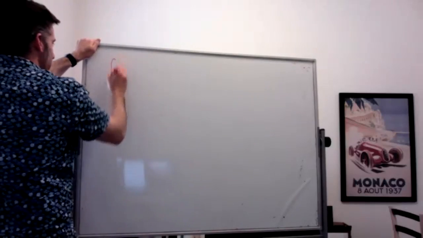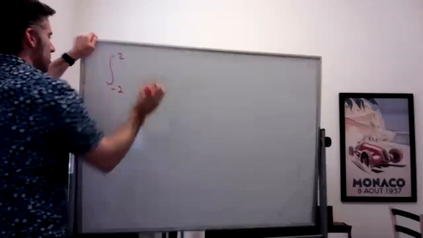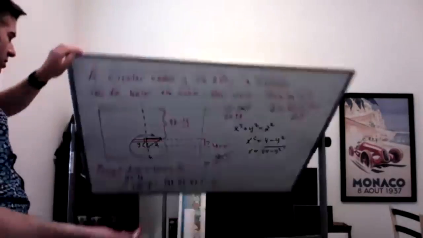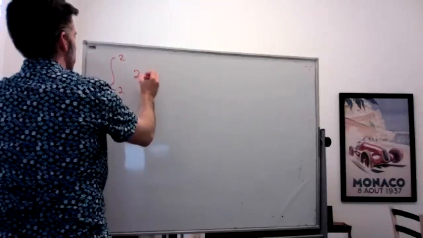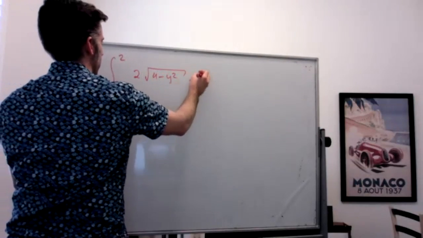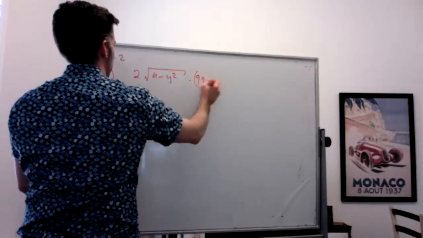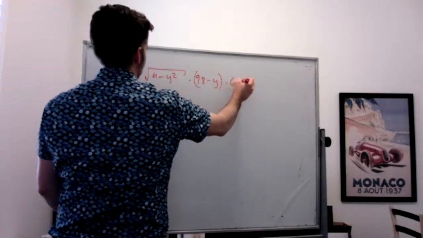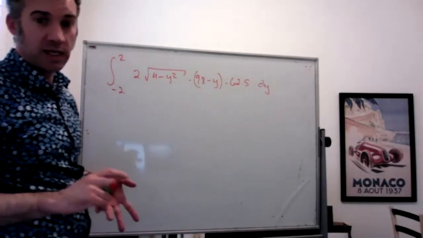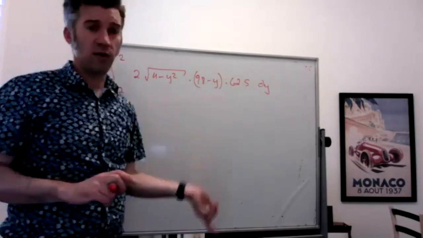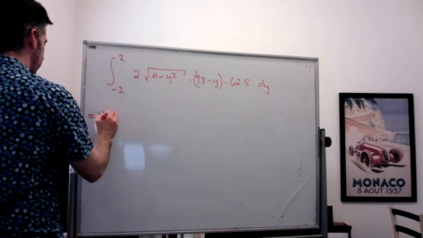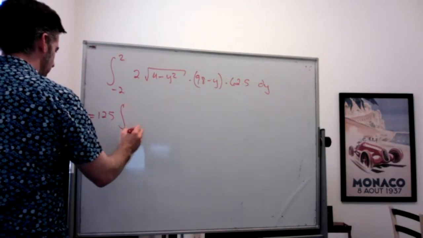So you're going to have the integral from -2 to 2 of 2 times the square root of 4 minus y squared times 98 minus y times 62.5 dy. Let's make it a little bit easier. 2 times 62.5 is 125. This is 125 times the integral from -2 to 2.